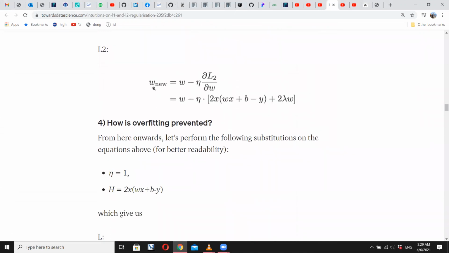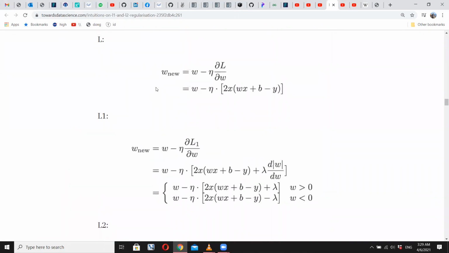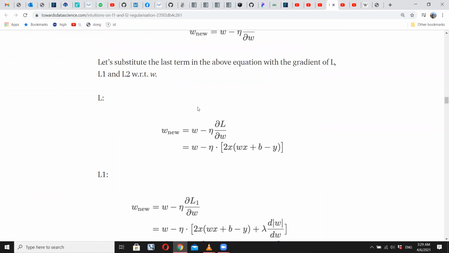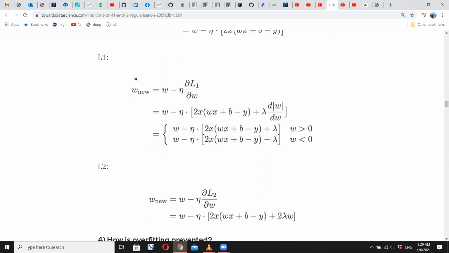And right now I'm only talking about how to update the slope, but the intercept will be updated in the same way. The only difference between linear regression, lasso regression and ridge regression is how to update the parameters that are scaled by my measurements.